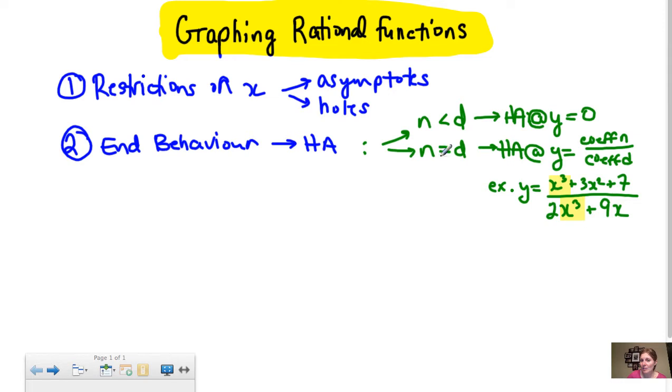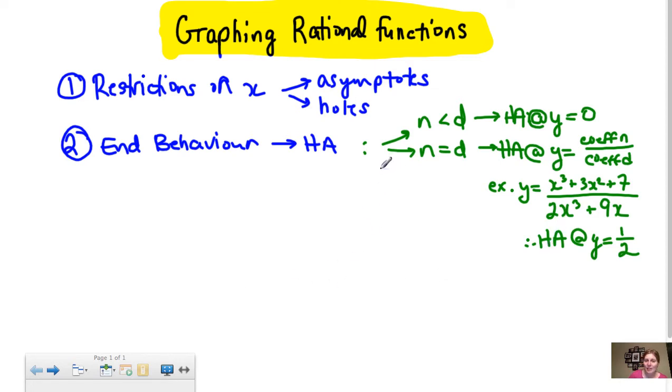So in other words, the numerator degree equals the denominator degree. So therefore, I know that I'm going to have a horizontal asymptote when y is equal to the coefficient of the numerator, which is 1, over the coefficient of the denominator, which is 2. So we always look in this space right there.